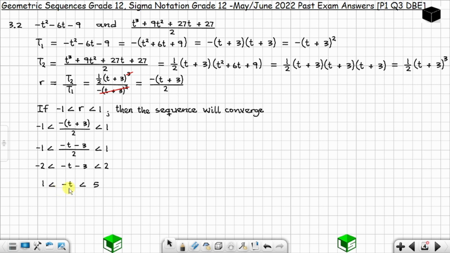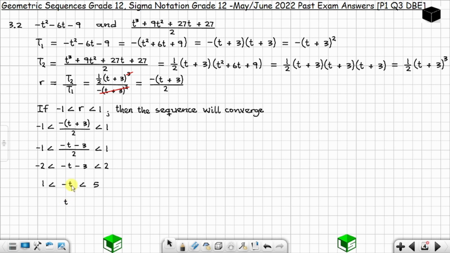So what you have to do is to multiply by negative 1 throughout. Okay, so when you multiply by negative 1 throughout, this becomes negative 1 and this becomes negative 5, right? So in between there, you remain with t when you multiply by negative 1.